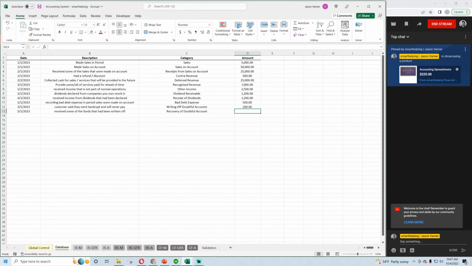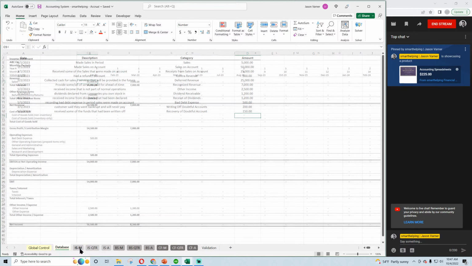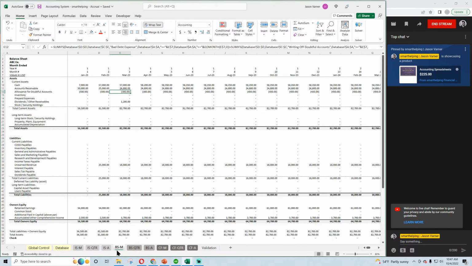Let's say you recovered 150 of it instead of 200. So now, again, income statement's not going to be touched. Balance sheet goes up by the amount you received in doubtful accounts, and cash is going up by the 150.